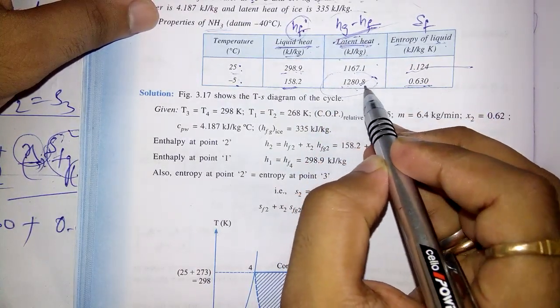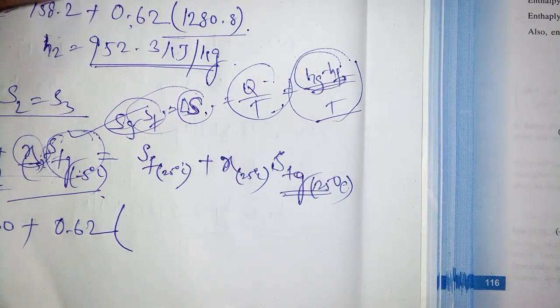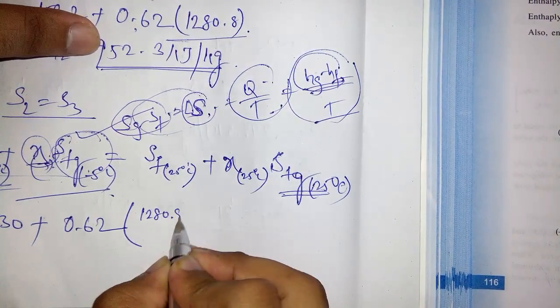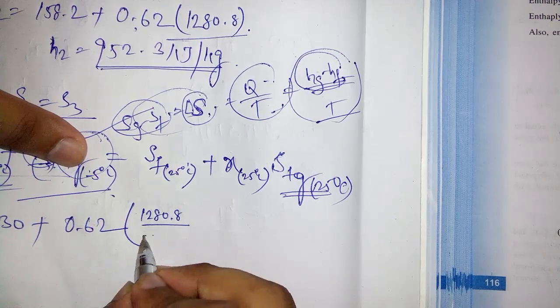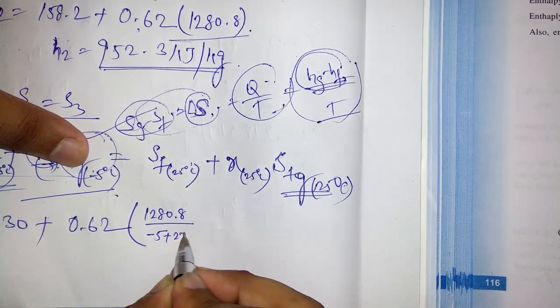It is 1280.8 divided by T, which is minus 5 plus 273.